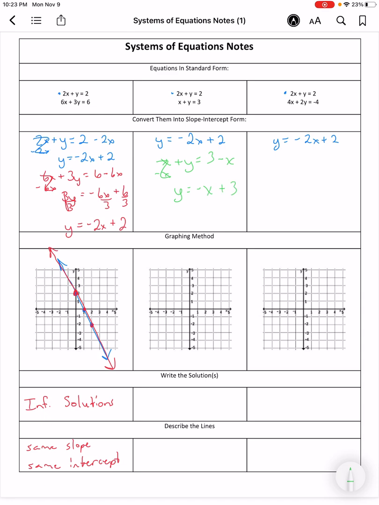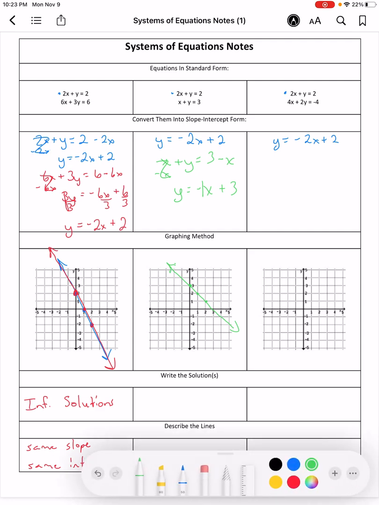If you need to remind yourself, a negative x is the same as negative 1x. So we start at positive 3, and we would go down 1, right 1, down 1, right 1, because our slope is negative 1. I would draw a line connecting those points, arrows on the end.